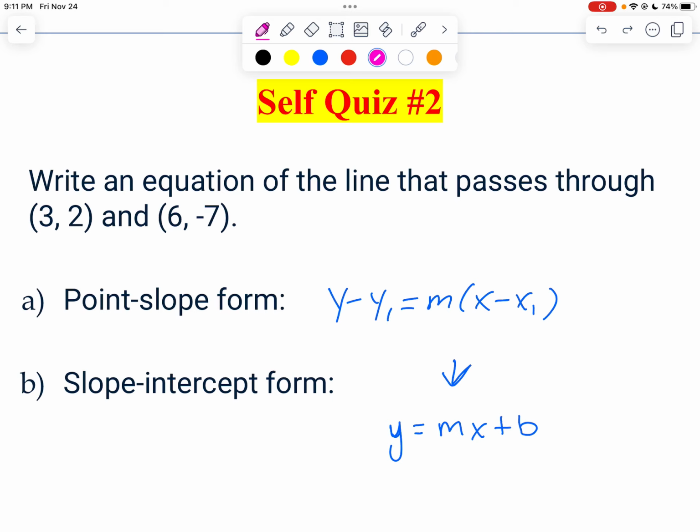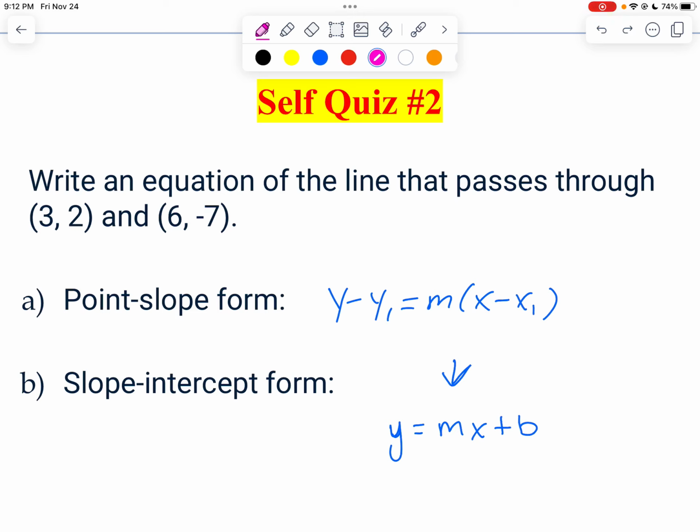Then you're going to take that form, and as we've been practicing, convert it into slope-intercept form. Remember, there are 2 steps to do that. So I want you to practice converting point-slope into slope-intercept. That's what you should get for part B. So part A should look like this. Part B should look like this.